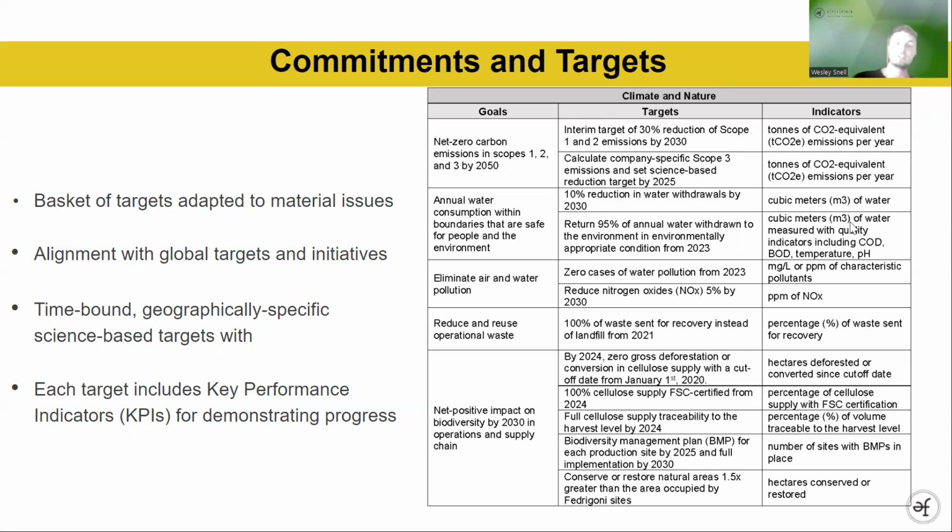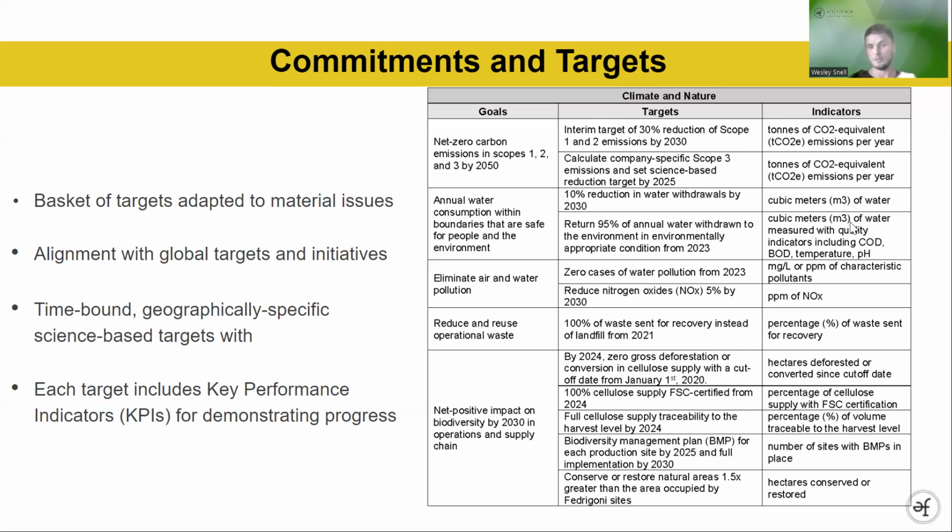So for this organization, the main issues that they needed to address were water consumption, air and water pollution, operational waste, and engaging with a circular economy approach, and biodiversity and land use impacts. And you can see also that within these goals and commitments, there are different targets that are meant to address each of them.